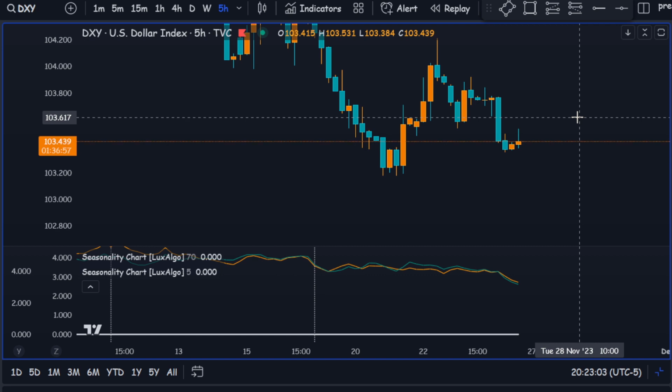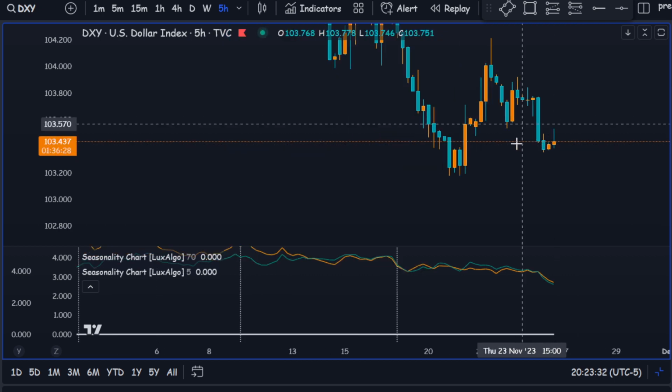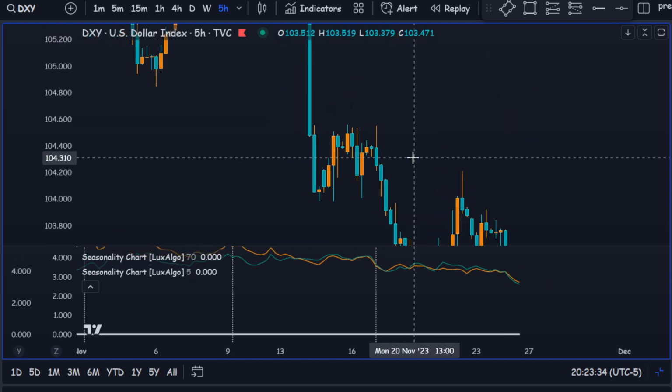It is following the seasonal idea, and it's following the idea of the distribution that we saw from earlier on. However, at the same time, we have a lot of fundamental reasons for it to not be doing this at all. So, I don't know. I'm not touching this one. I'm not calling this one.